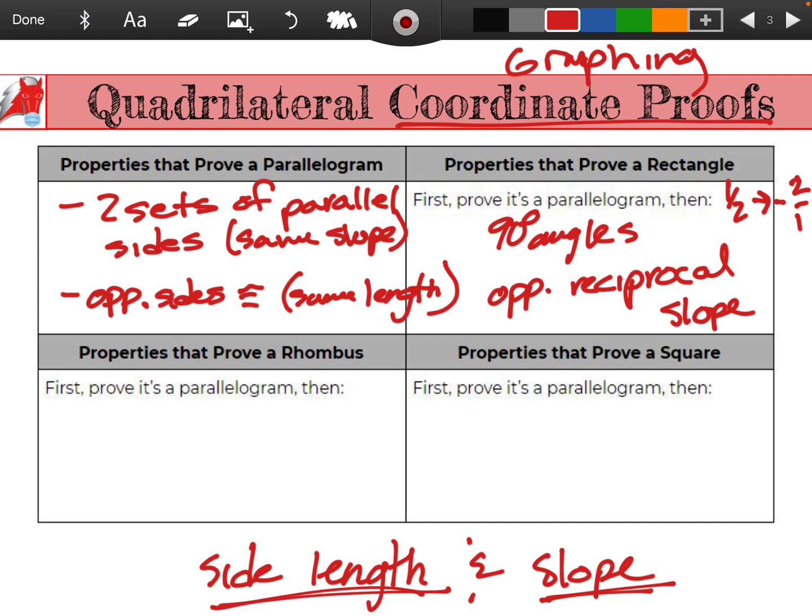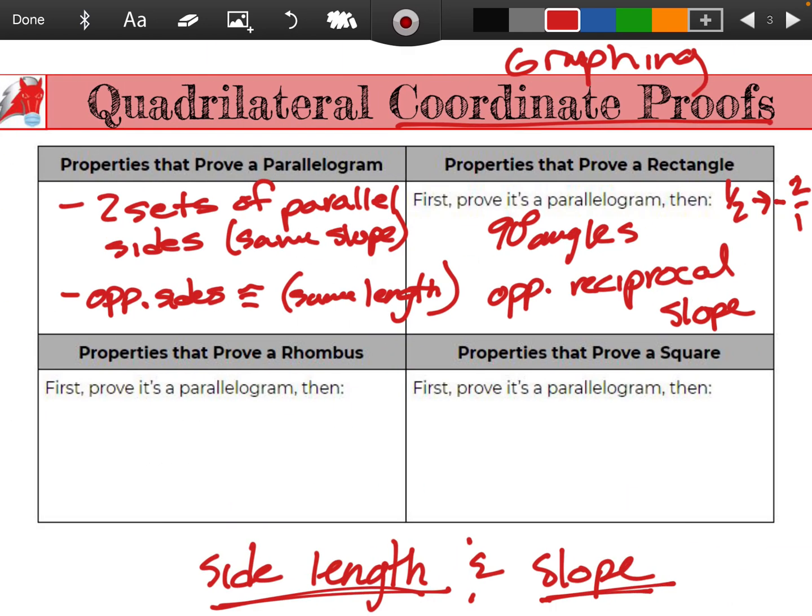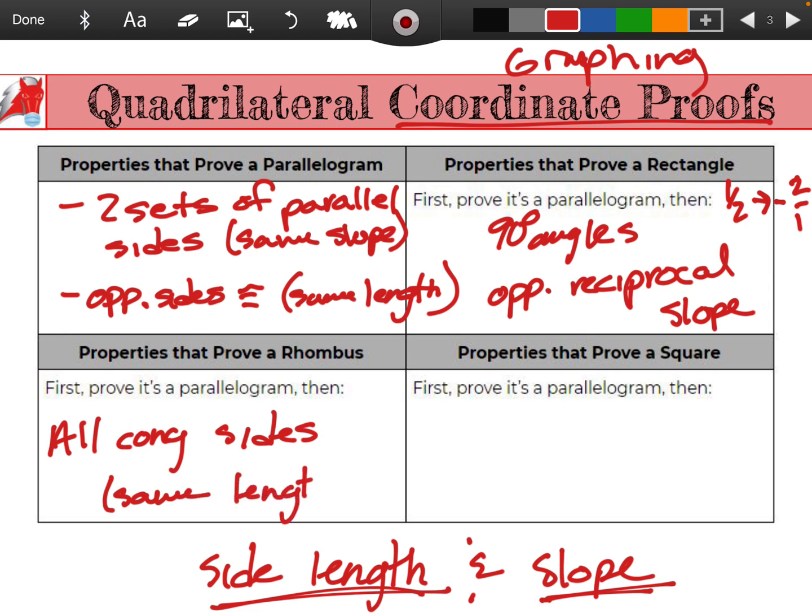Now if I want to do it for a rhombus, remember the only difference between a parallelogram and a rhombus was that the sides were the same. Well, that would mean that I would need to look at and identify all congruent sides. Or they'd have to be shown to be the same length.